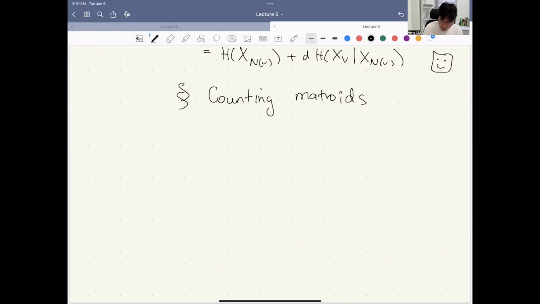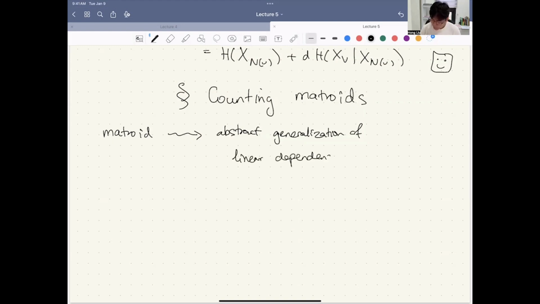A matroid is an abstract generalization of, so what's in vector spaces? Linear dependence in vector spaces.